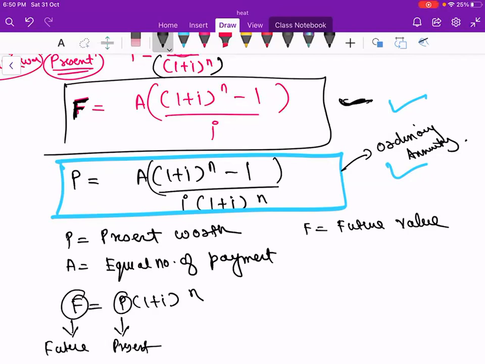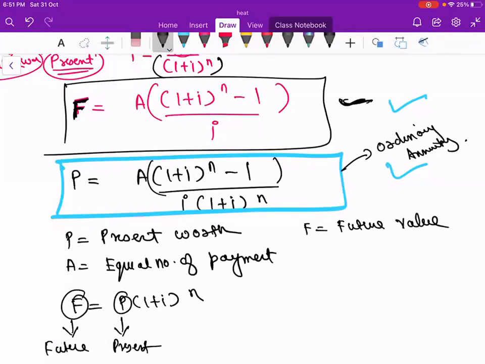That is why I have divided the equation by (1 + i)^n. Yes or no, please give response. Other students, please give response. Almost 71 students, and again only some students are giving reply. Please write in the chat section yes or no, you got this point or not.